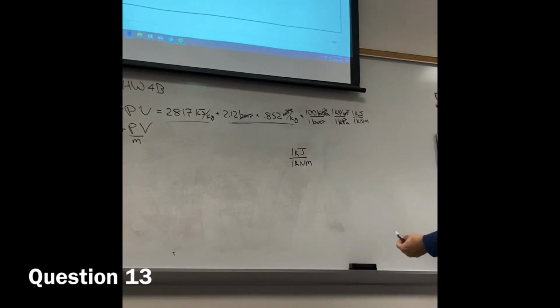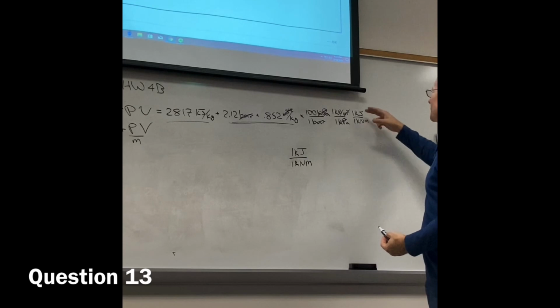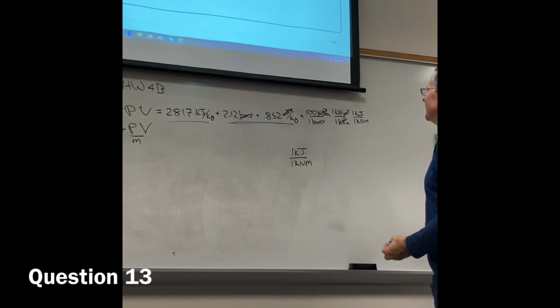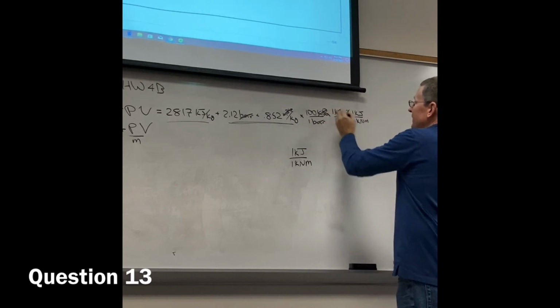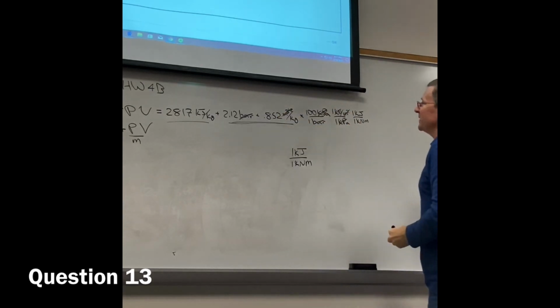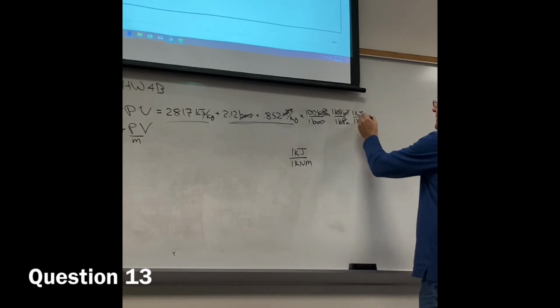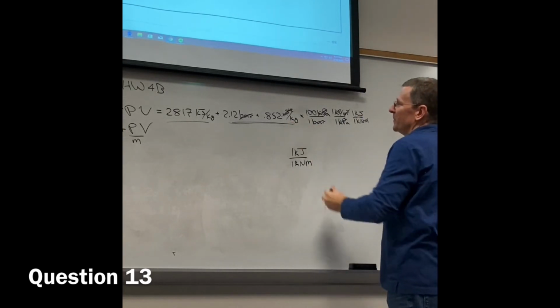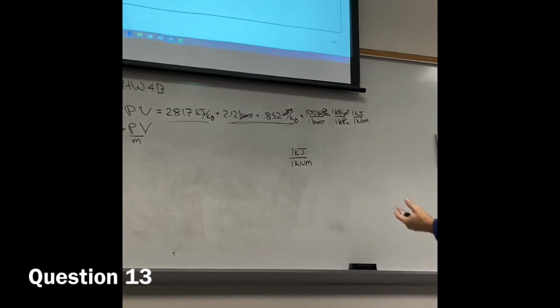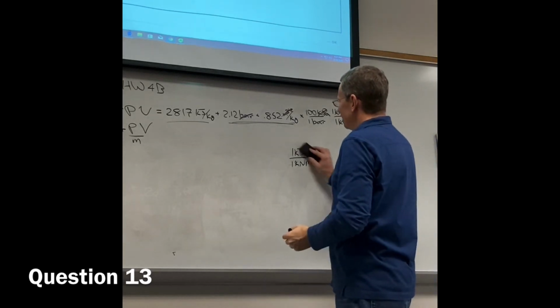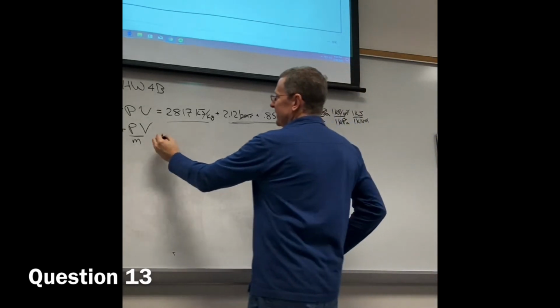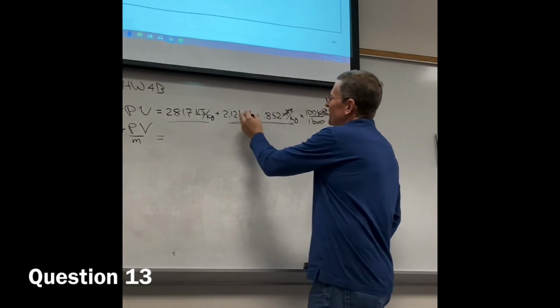So often I'll write it with a kilojoule, kilonewton meter, and then my kilonewton and my last meter cancel with the kilonewton and the last meter, and I have kilojoule and I still have kilogram, so now it's the same. Then we look, did it change anything? Yes, it's times 100.